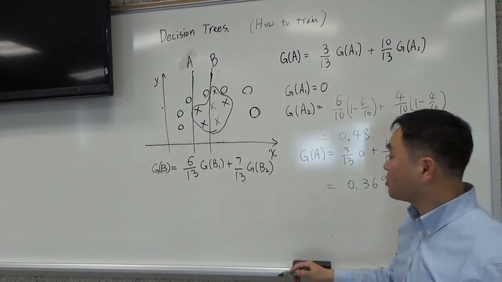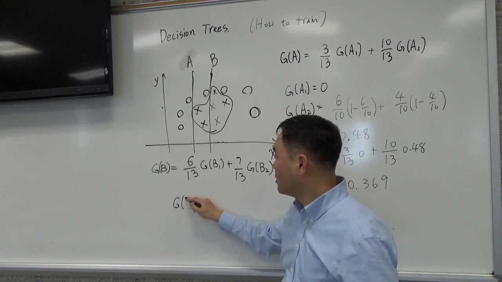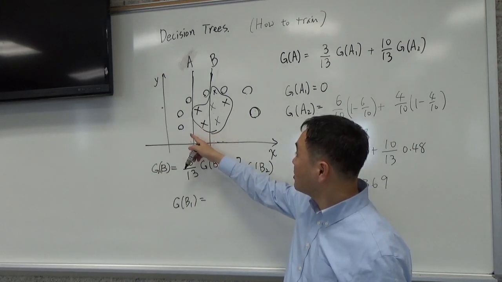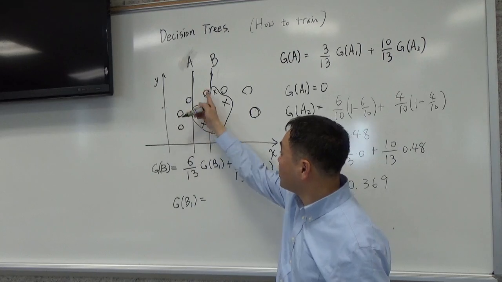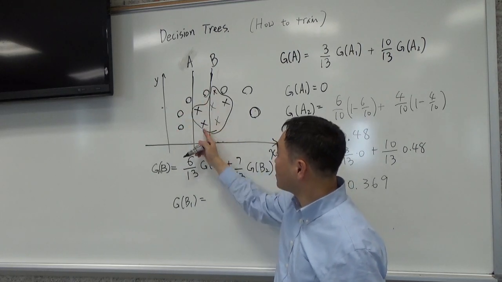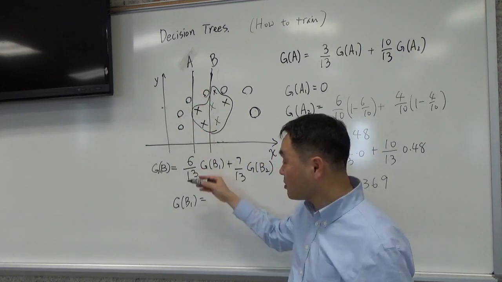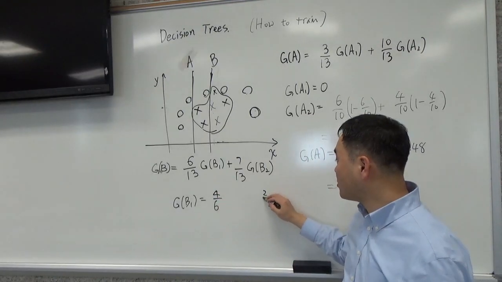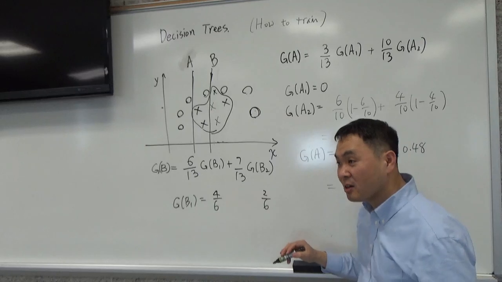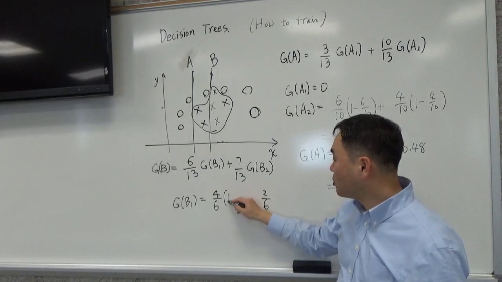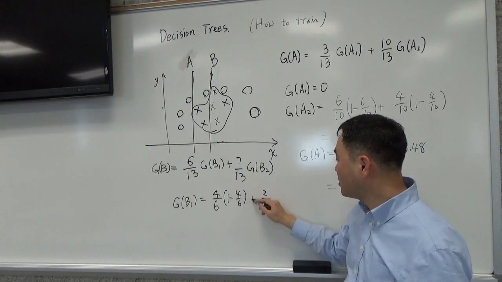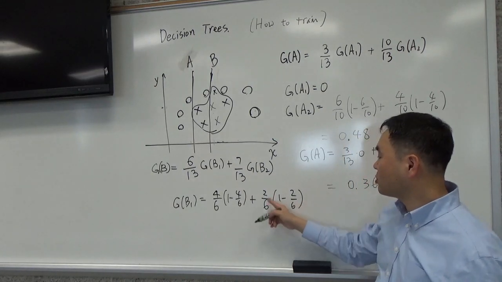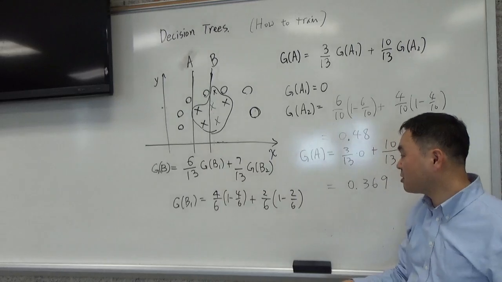Okay, what's the Gini index of B1? It's, how many is this one? It's 6. So you have 4 out of 6 for one of the probabilities, and you have 2 out of 6 for the other probability, right? And then you do 4/6 times 1 minus 4/6, plus 2/6 times 1 minus 2/6.